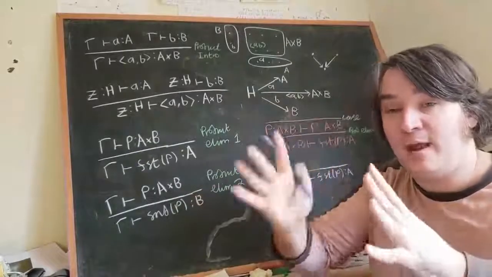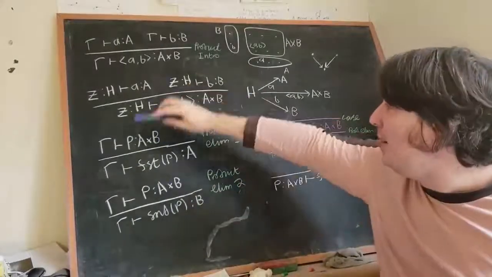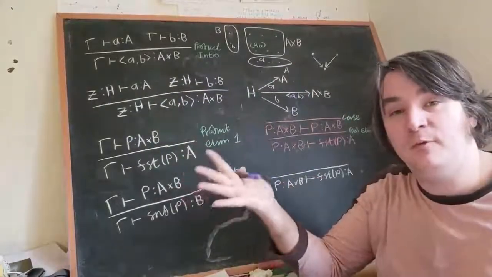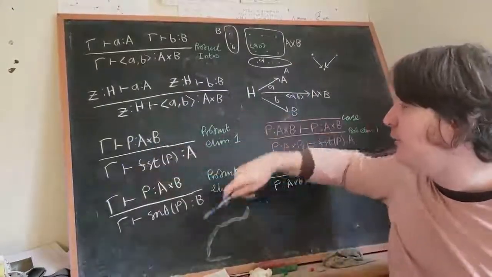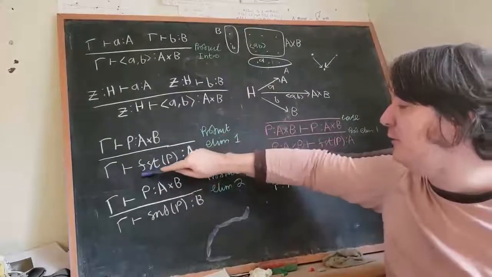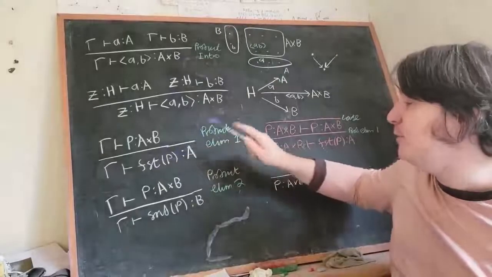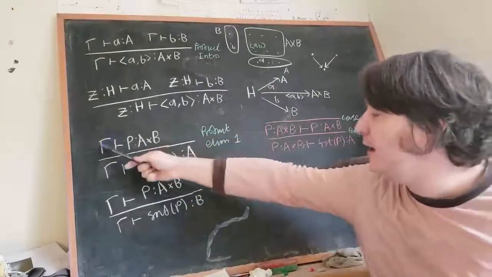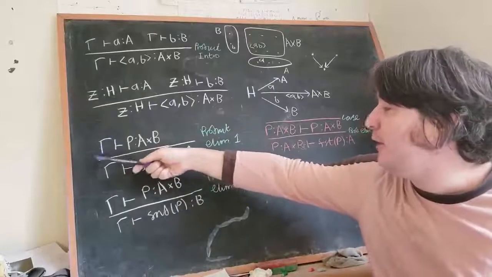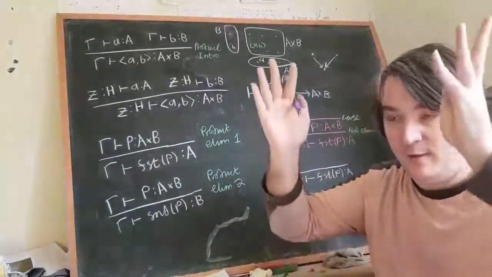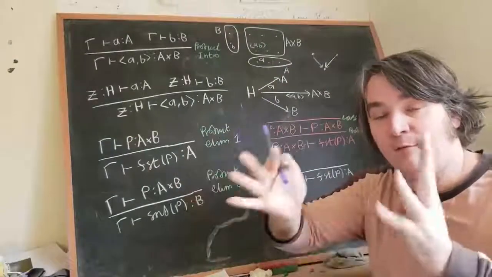So the point is that this whole theory is self-contained within the symbols. In a sense, you don't need to take in anything apart from the actual rules, which a computer would take in. You can see how the rules interact and later understand why this does indeed correspond to the first projection. All this rule is really saying so far is that if we have a context where we have a value p of type a times b, then we always have this value fst of p of type a.